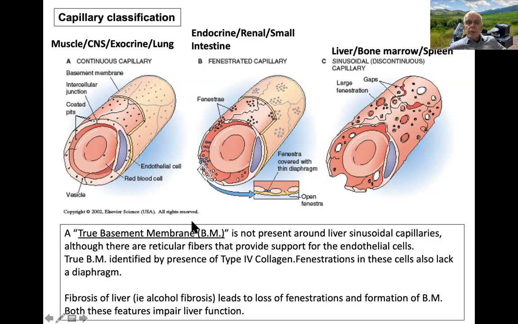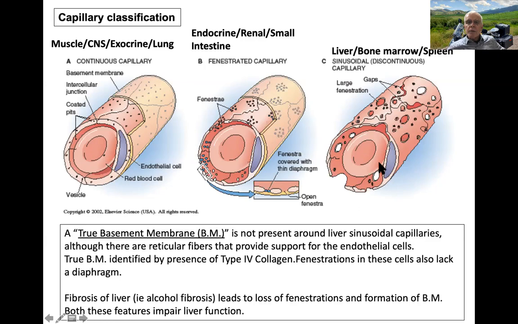But in the liver, a true basement membrane is not present. What connective tissue is there is pretty thin, and the types of proteins that make it up differ from other types of tubes. Let me read this to you. Although there are reticular fibers, and reticular just means a near regular arrangement of fibers, like a spider web, that provides support for the endothelial cells.